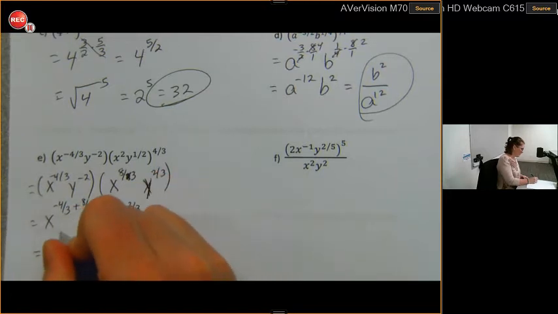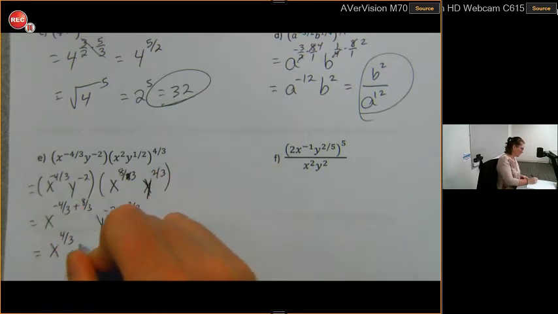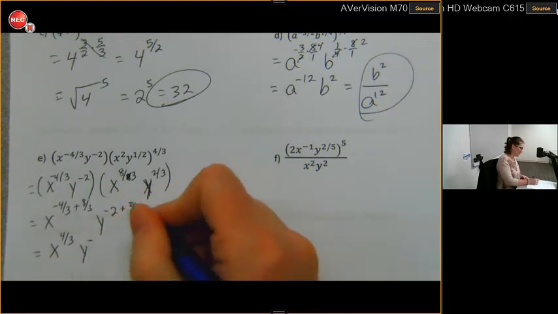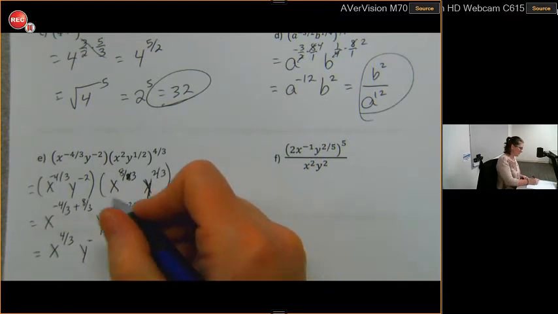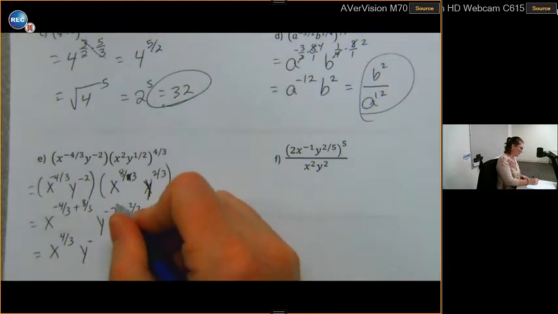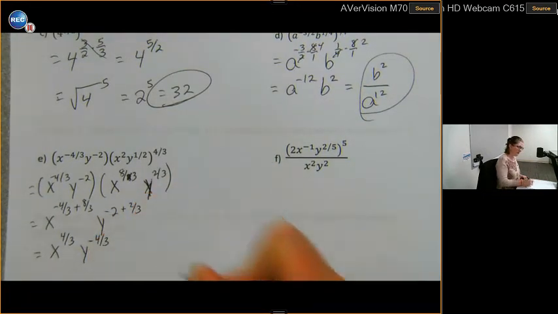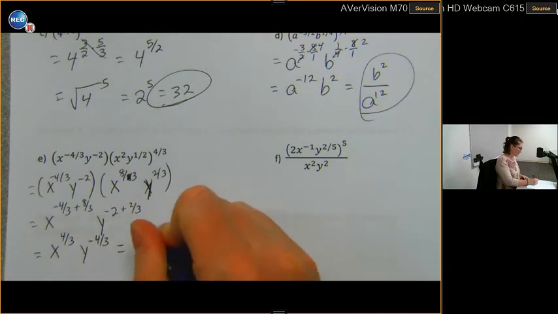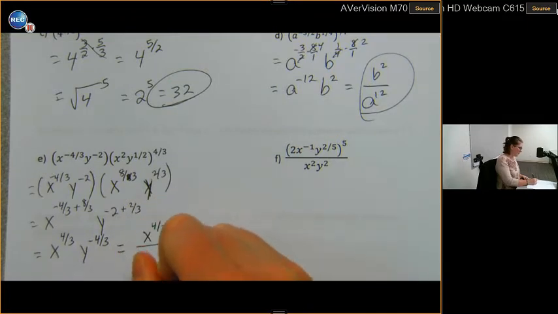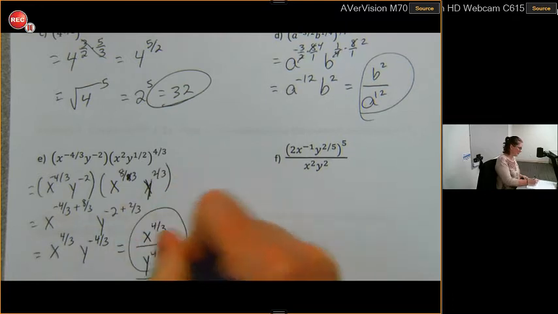So I get x to the 4/3, y to the negative. So if I had a common denominator, that would be 6/3, so -4/3. But we're not done yet because we cannot leave a negative exponent as part of our answer. So the y to the 4/3 moves to the denominator.